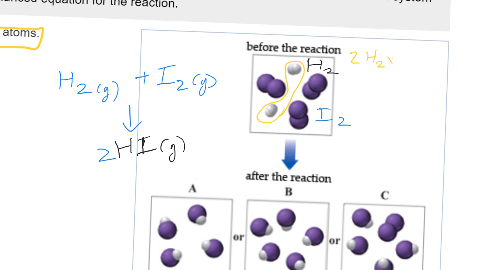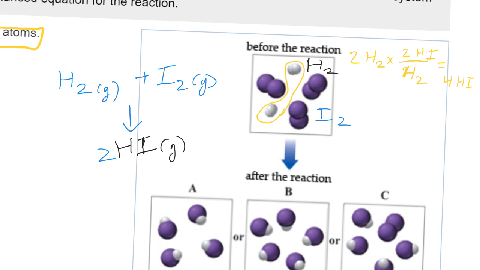And according to that chemical reaction we just wrote out, for every hydrogen I have, I can produce 2 hydrogen iodide.